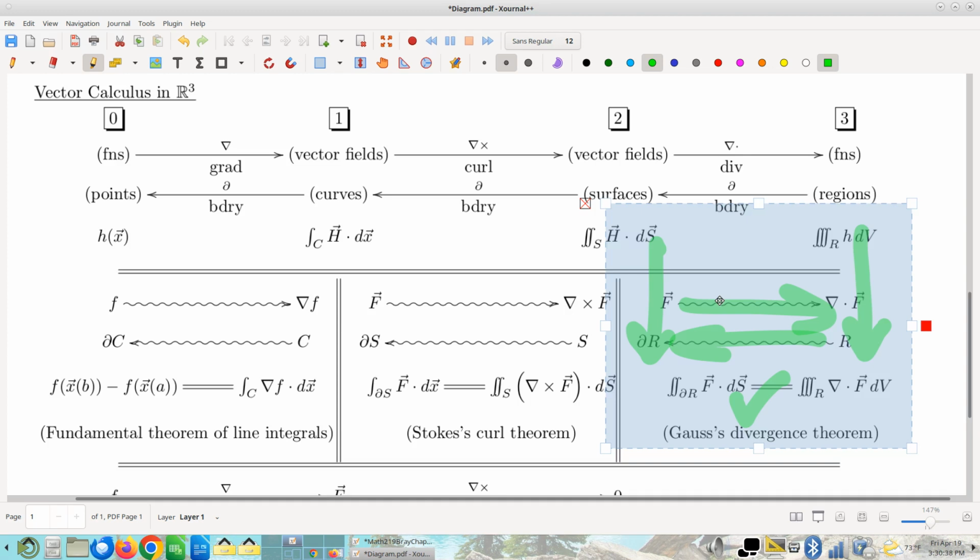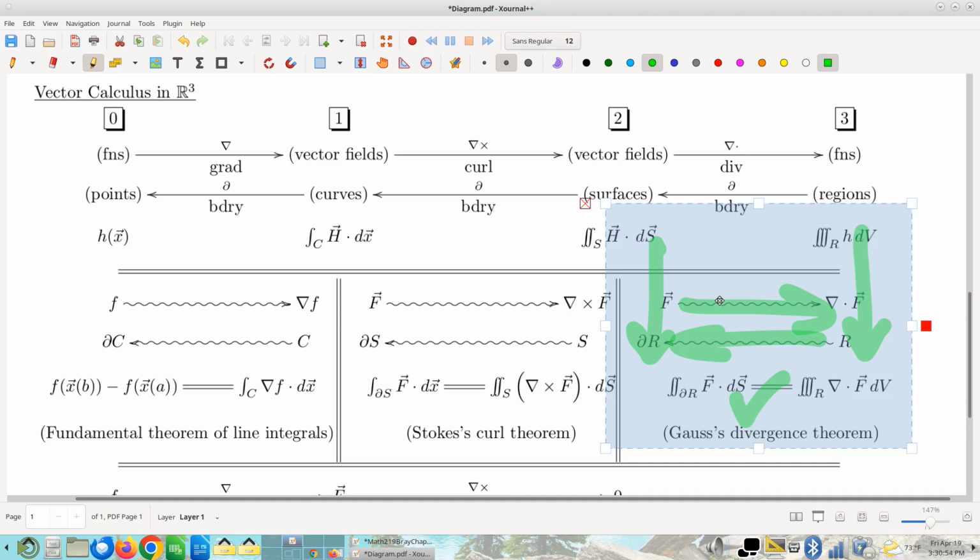We're taking a vector field and its divergence. We're taking a 3-dimensional solid and its boundary surface. Here we evaluate on the left, here we evaluate on the right. You get the same thing either way.